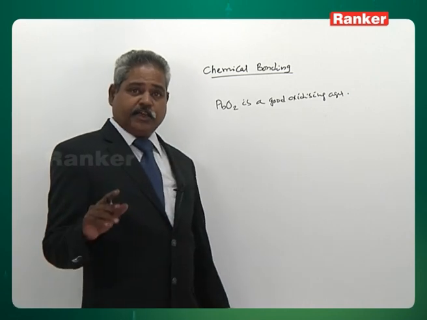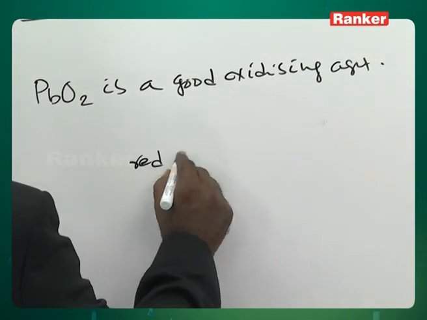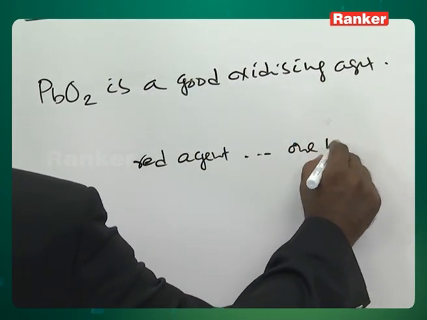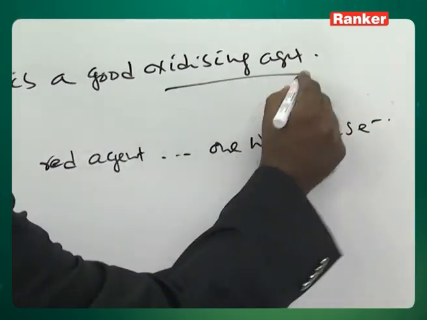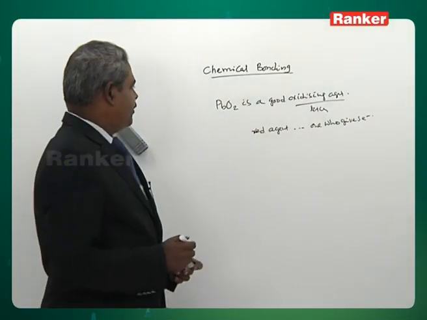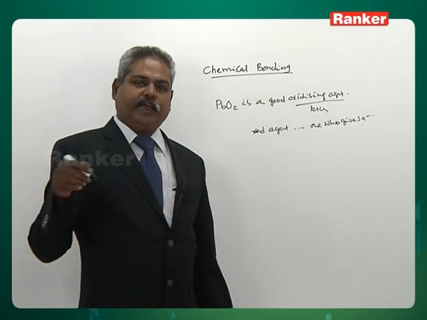What is an oxidizing agent? One who takes electrons. Opposites are opposite. What is the indirect meaning of this? PbO2 is a good oxidizing agent means PbO2 wants to take electrons.